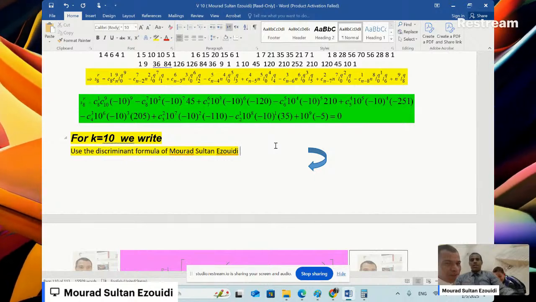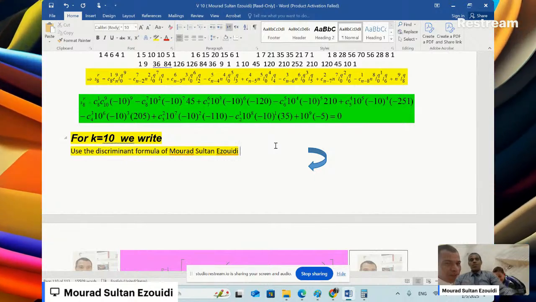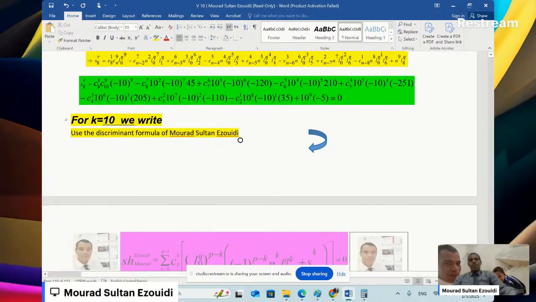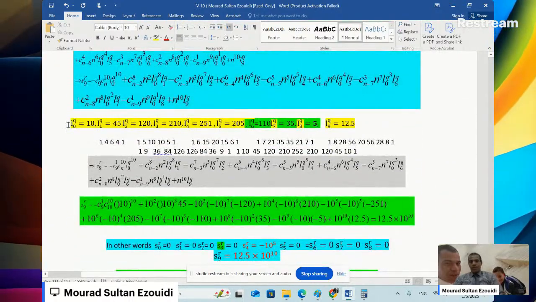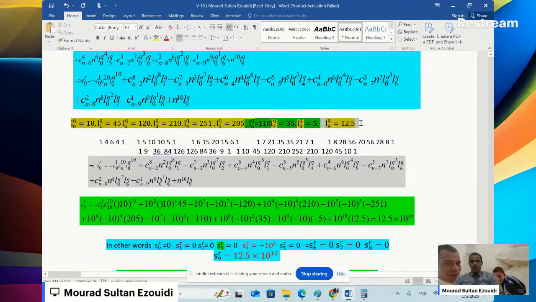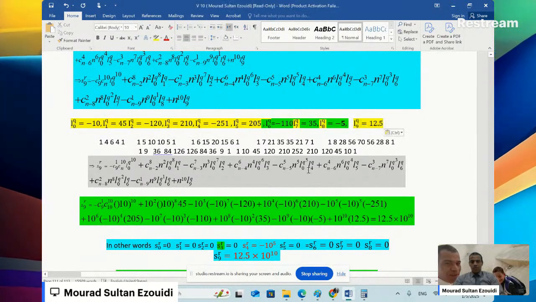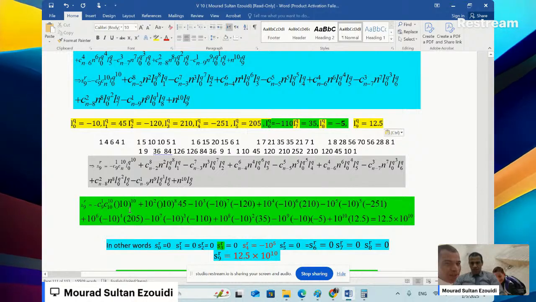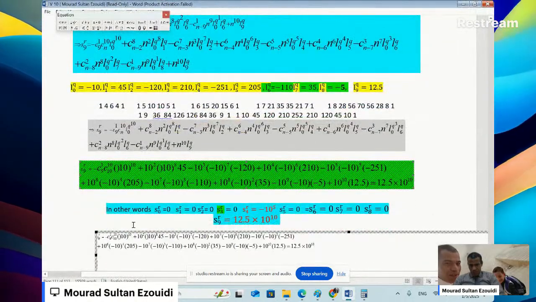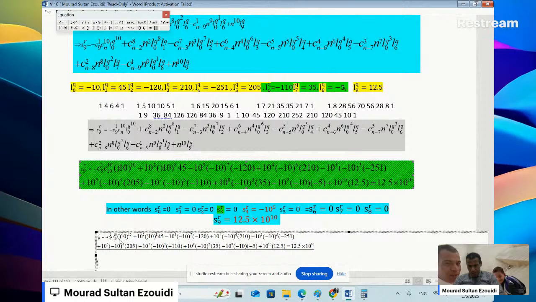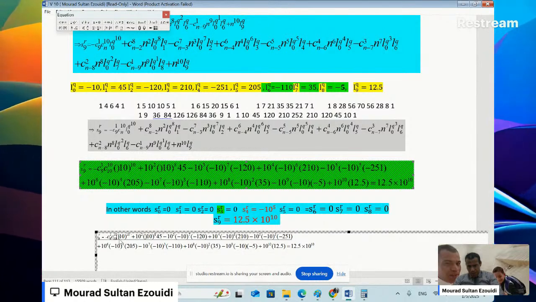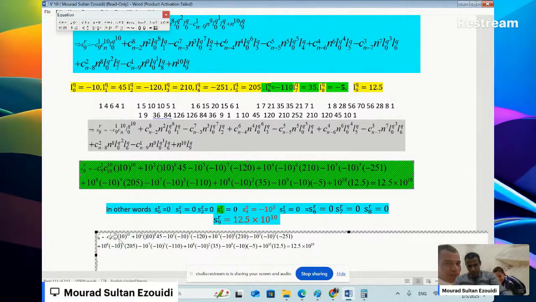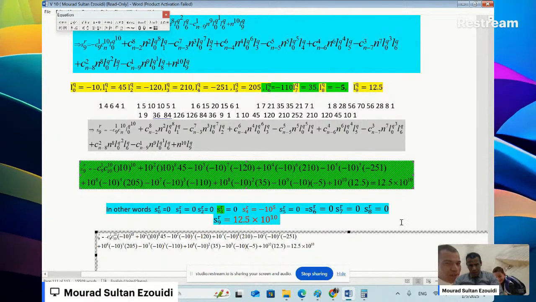Let's check now. I will erase this because the coefficient has been changed. So this one of course has to be changed. This is minus 10. Okay, it's done.